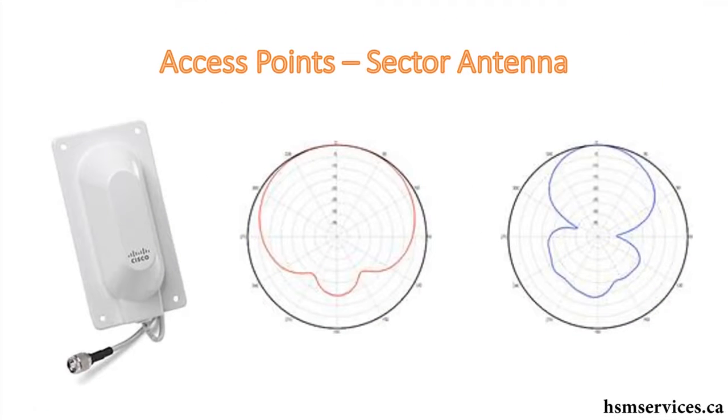And now we've got our sector antenna. This is a pretty good antenna for one direction. So anyways, if you're pointing this away from the Cisco, then you're getting the signal all the way around this antenna, around this beveled part for the most part, and you're not seeing too much at the top or the bottom.